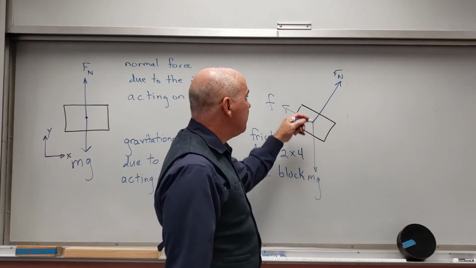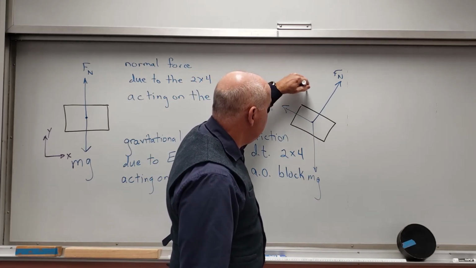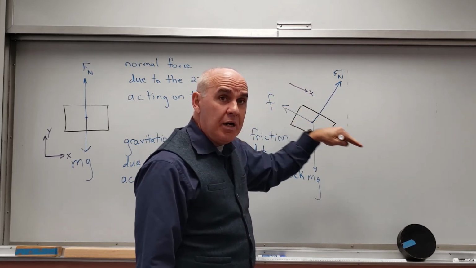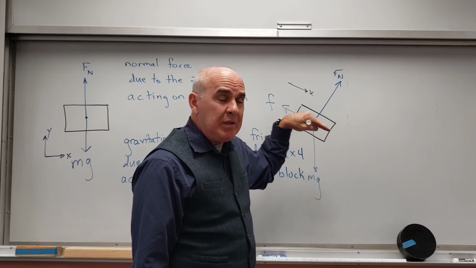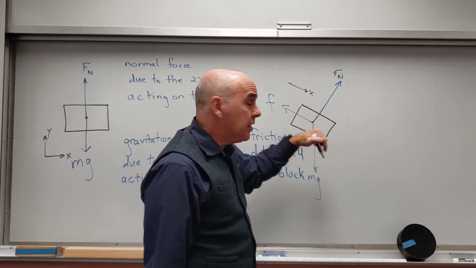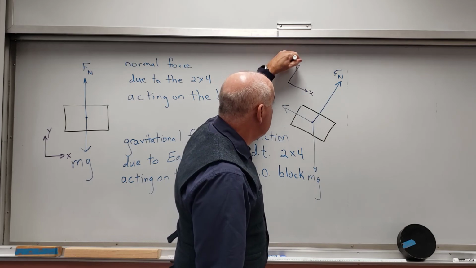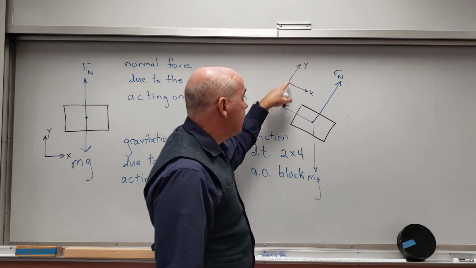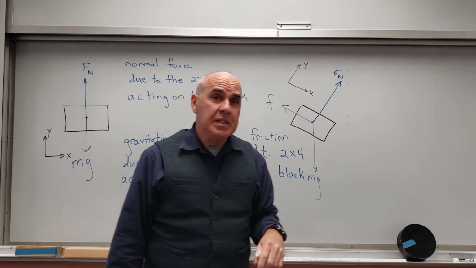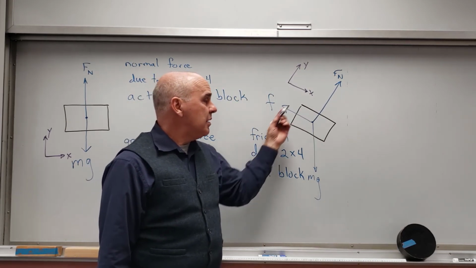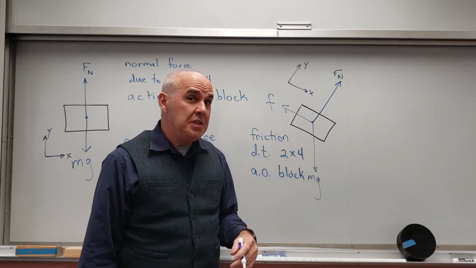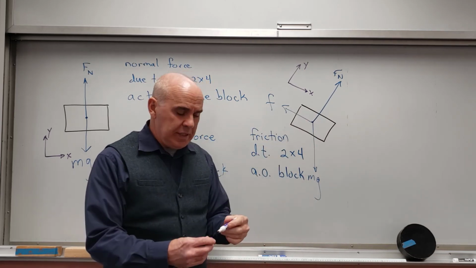For this one, however, interestingly enough, it's more convenient for the x-axis to be along the incline of the 2x4. And that's going to be really more critical when we get into dynamics, but we're going to go ahead and do it here. And then the other axis, the y-axis, always perpendicular, is going to be perpendicular to the incline. And we're going to see this is going to make my force equations a little easier to do. And we'll get to those later on.